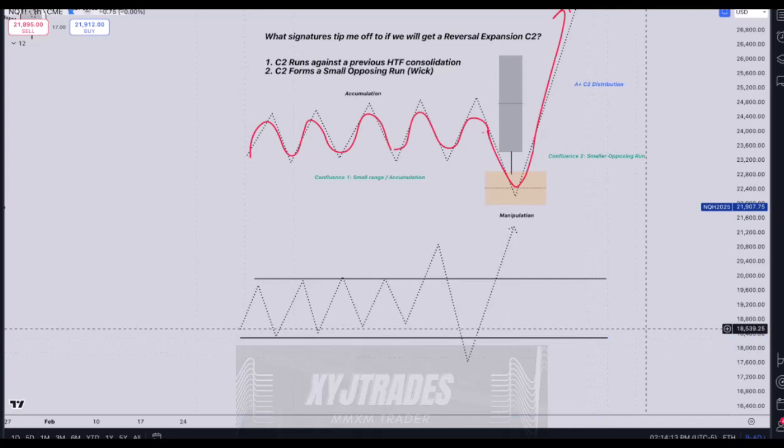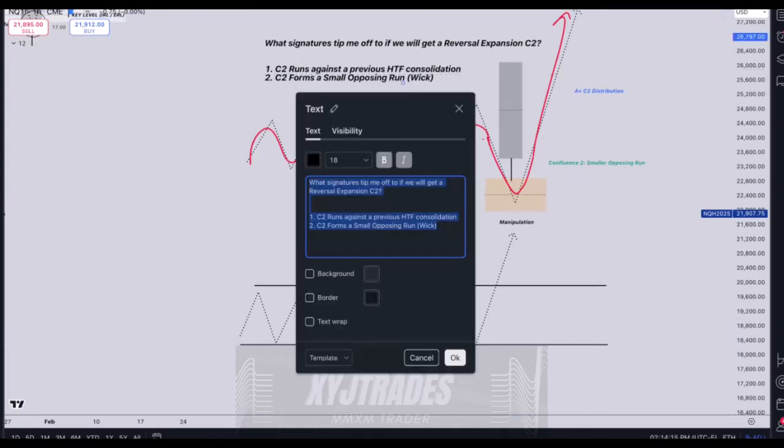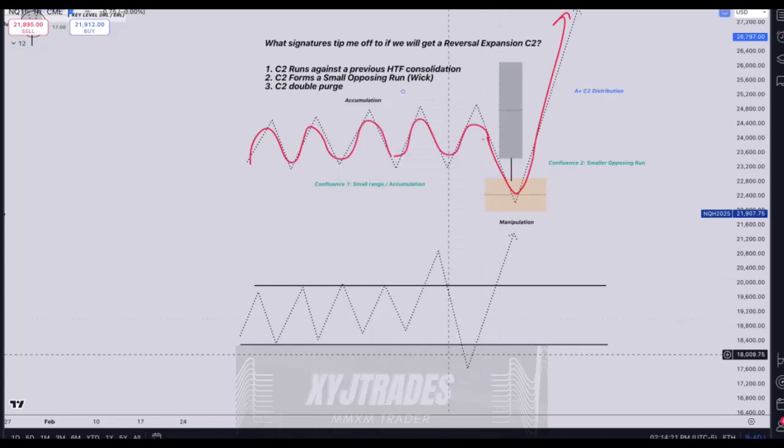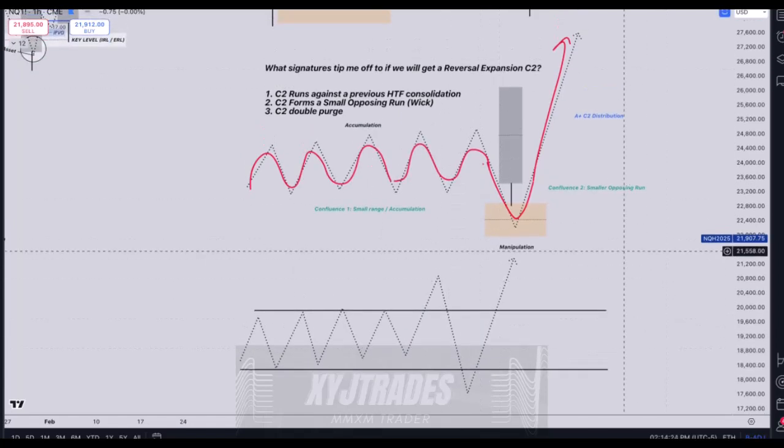So another thing I'll look for is a potential C2 double purge. So do you see how we're building criteria around candle 2 to say if it's going to be high or low probability reversal expansion or just reversal, maybe into a consolidation after?